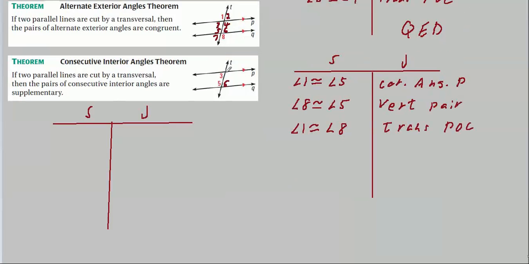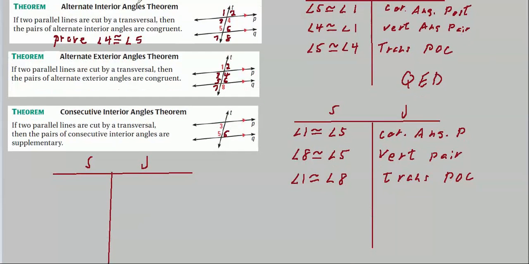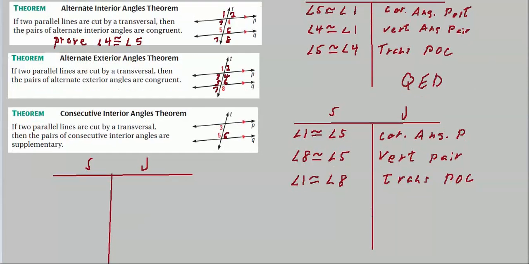Well, I just wrote in this one angle. I think it's the only one we're going to need, but we'll see. Angle 3 and angle 6 are congruent. That comes from the one we just proved right up here, the alternate interior angles theorem. Boom, those two are congruent. We know this.